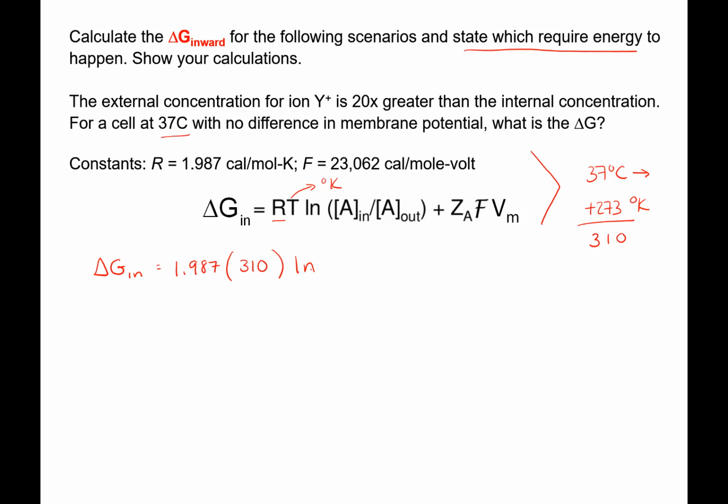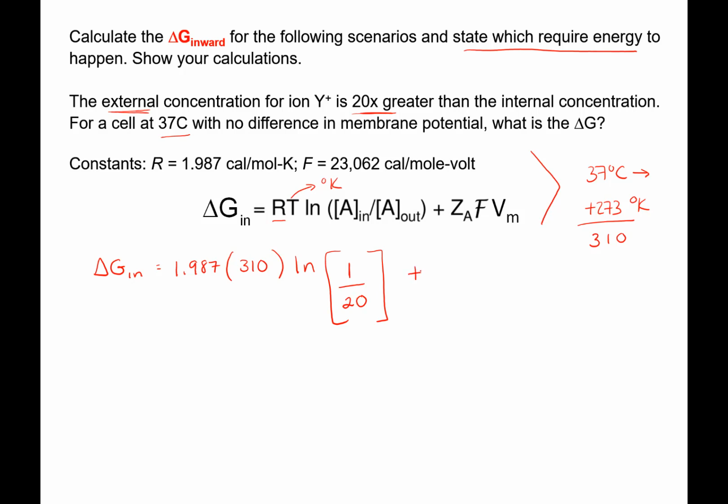Then, here's the tricky part, we're going to take the natural log of this ratio: the concentration in over the concentration out. It says the external concentration is 20 times greater than the internal. So if the internal, say, is 1, the external would be 20.